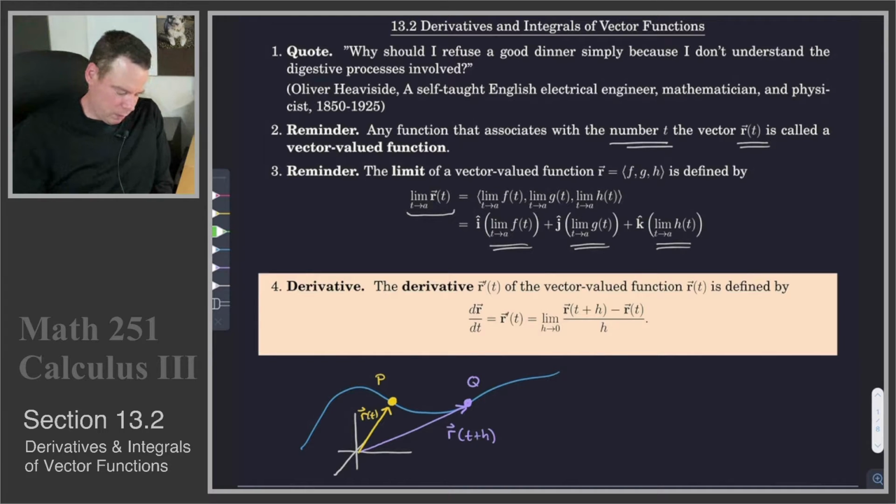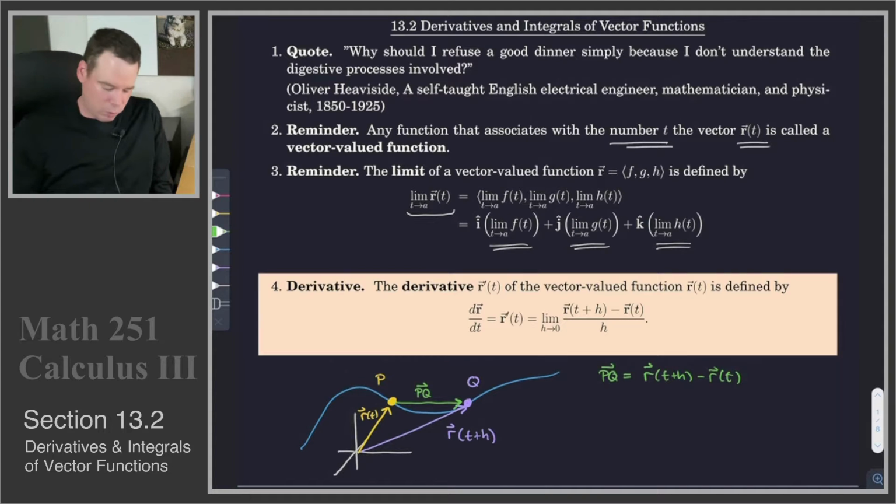What the difference quotient above does is construct this difference, r of t plus h minus r of t. That's the vector from P to Q, and that vector PQ is given by r of t plus h minus r of t.